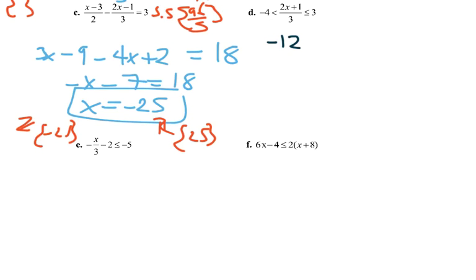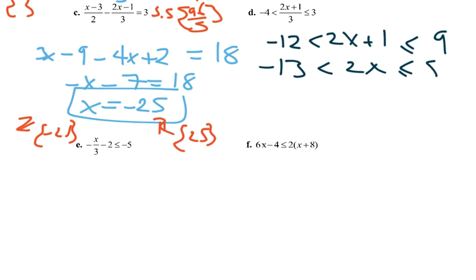So negative 12 is less than 2x plus 1 is less than or equal to 3. Then subtract 1. And then divide by 2. And it's probably going to be handy if we write minus 13 over 2 as minus 6.5.